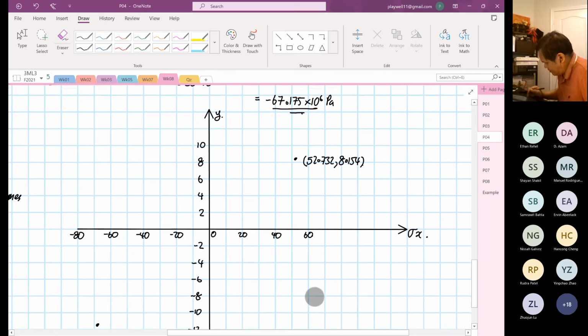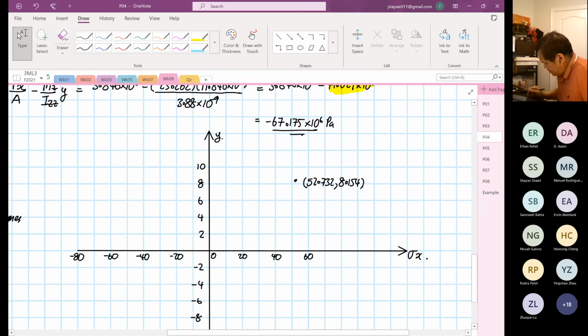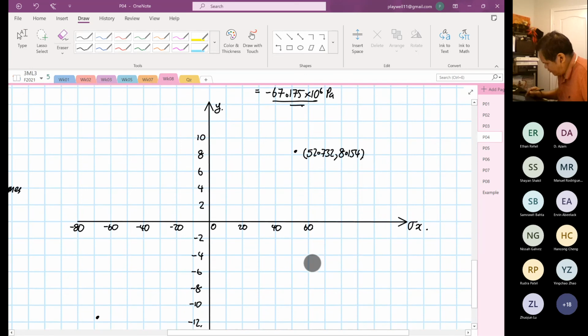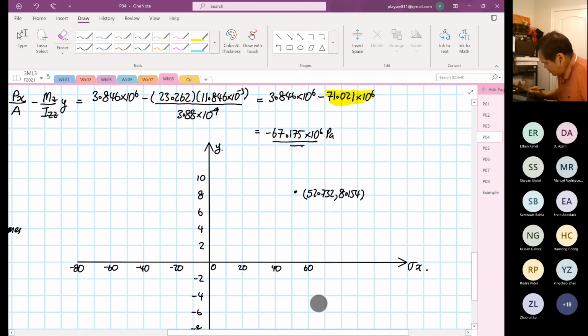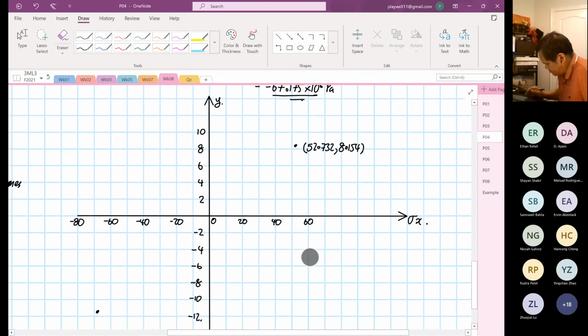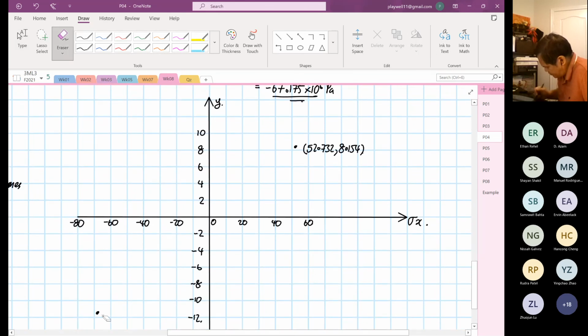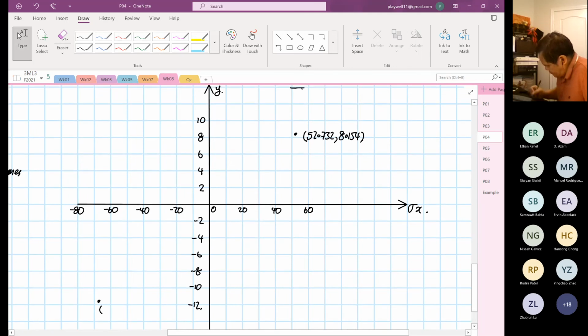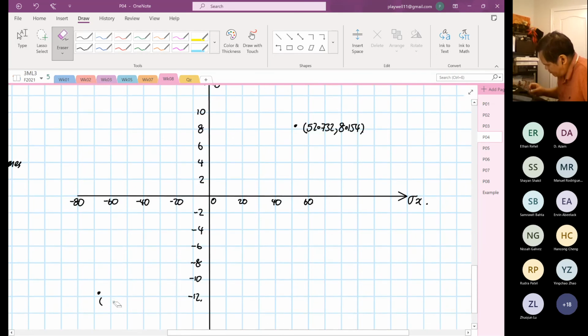So this is our 11.846 and minus 67.175. Now we draw a line.